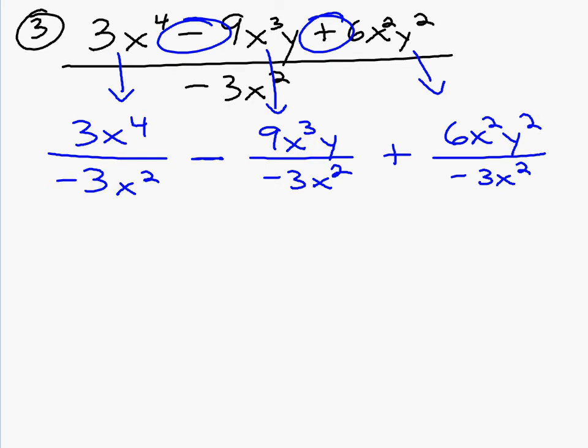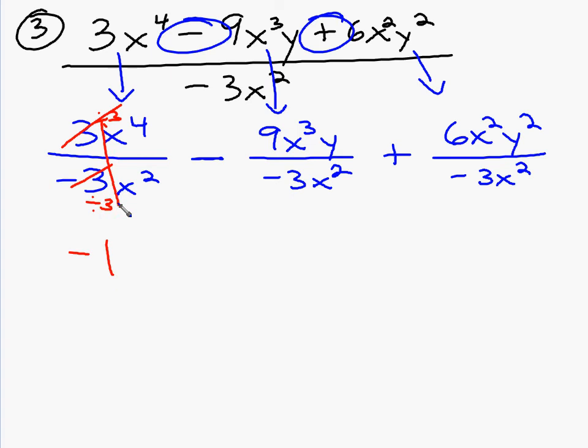On the first fraction, I have a 3 on top and bottom, so I can divide them both by 3. And doesn't that just become 1? Basically, I can just mark these out. They go away. But it is a negative 1 because it's a positive divided by a negative. So this first one has a negative 1. And then I have this x to the fourth and x squared thing that we dealt with the last couple of days.